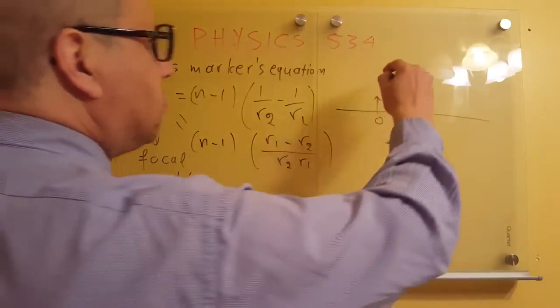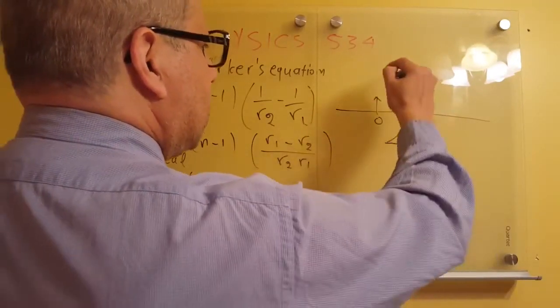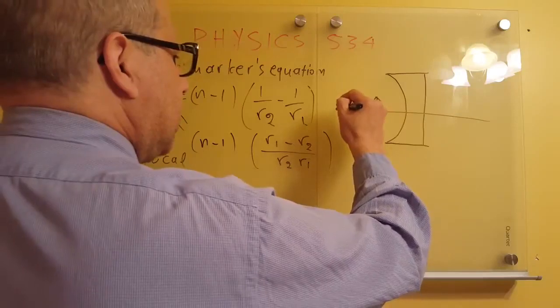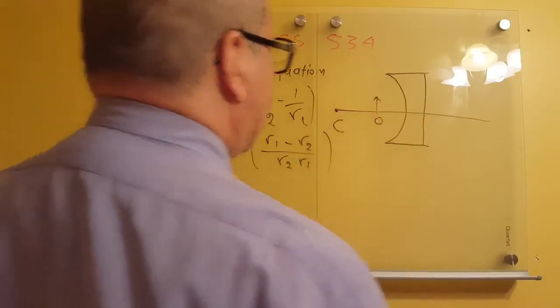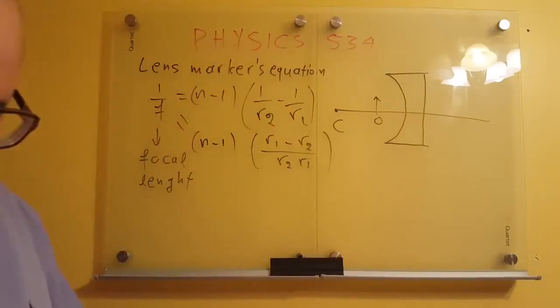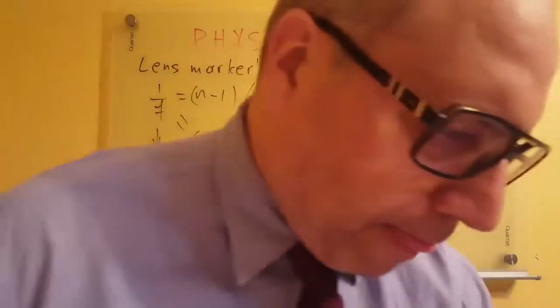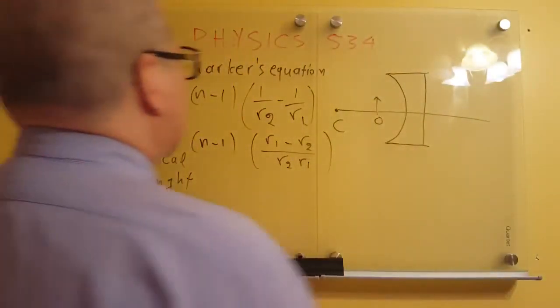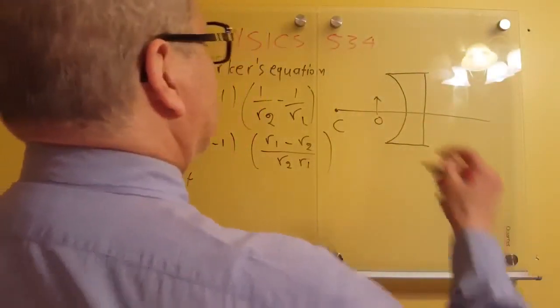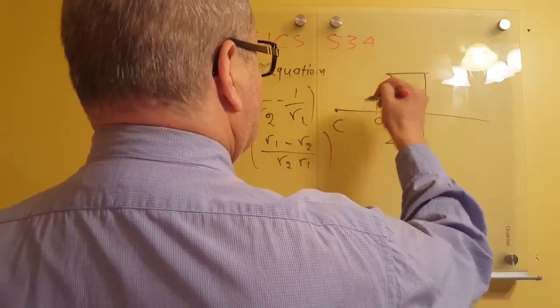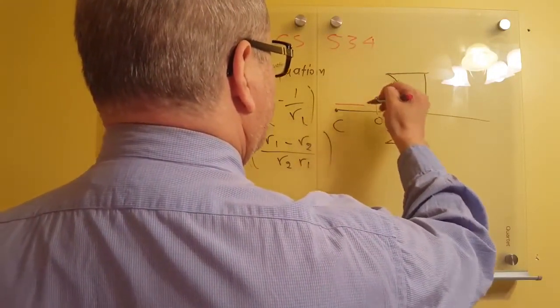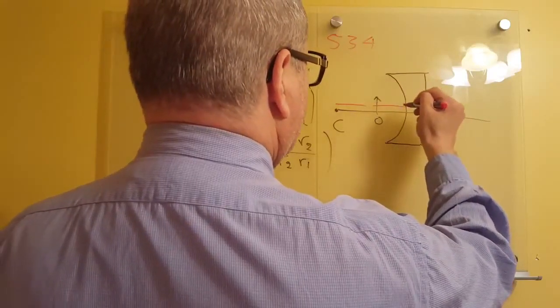So let's say the center of curvature of this side is somewhere here. So that means that R1 is this here.